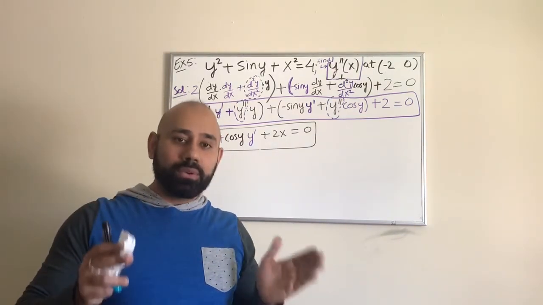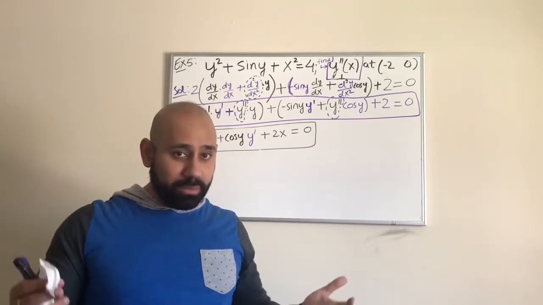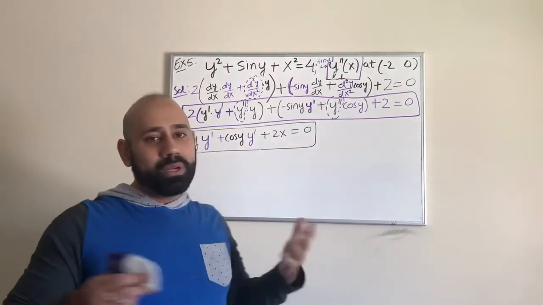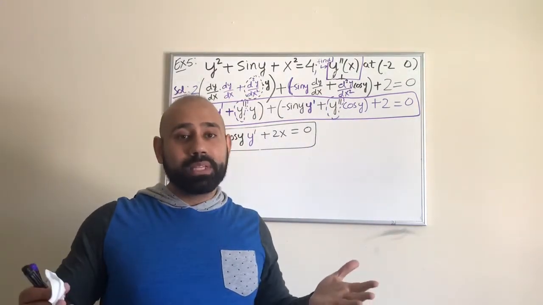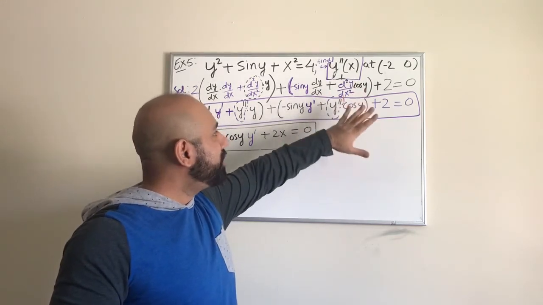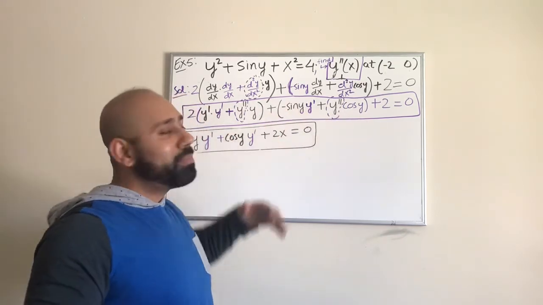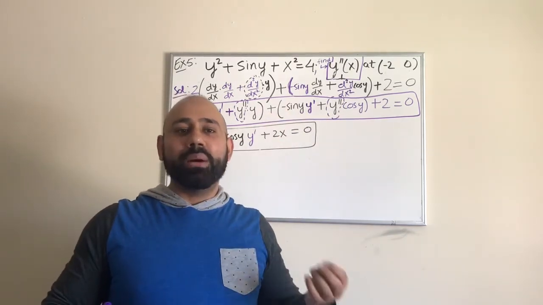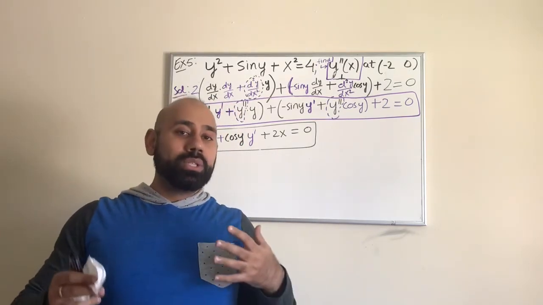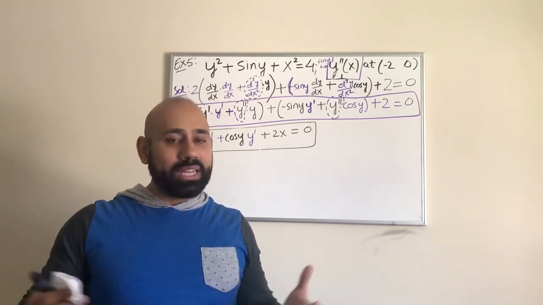And finally, of course, at the end, if we have two y double primes or three y double primes, well, in this case, y double prime only occurs twice, so we're going to end up with two y double primes. But once we substitute x equal to -2 and y equal to 0, we won't have to deal with these cosine functions and all that, because they would all be simplified to numbers, whether it's a positive number, a 0, or a negative number. So it would be easier for us to work with that equation.